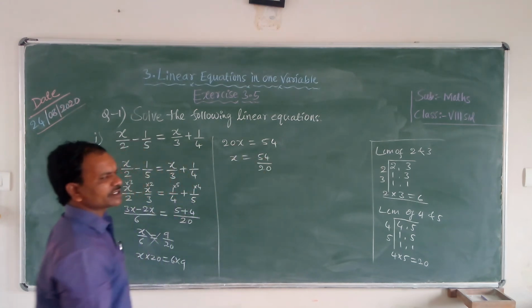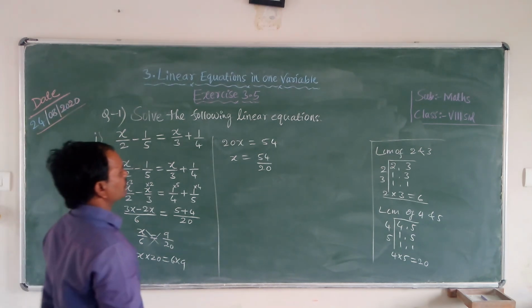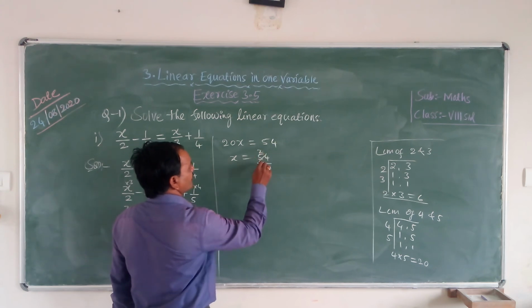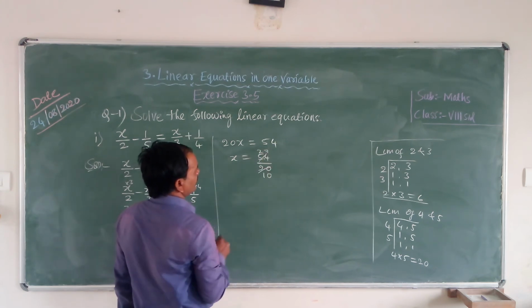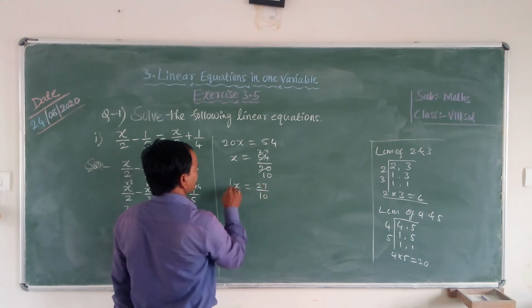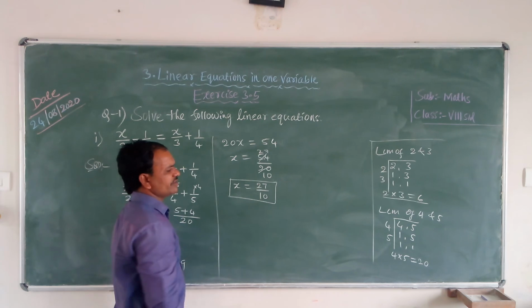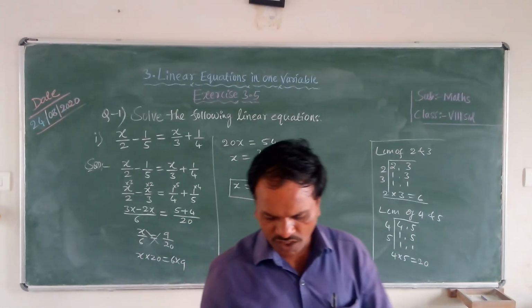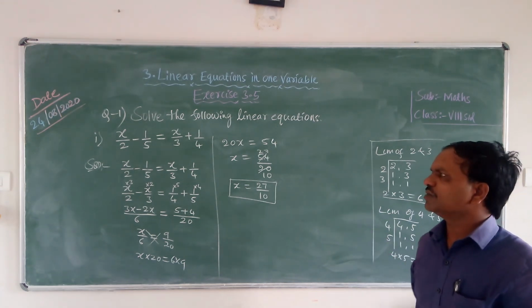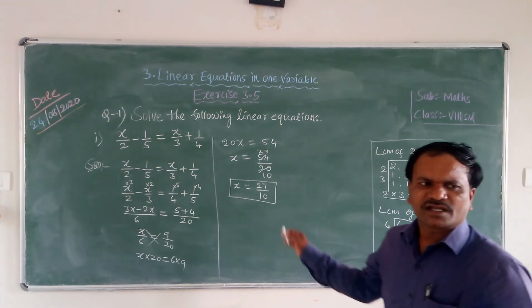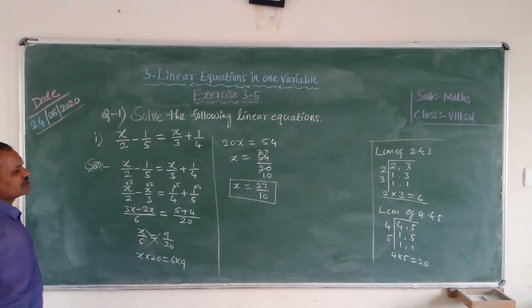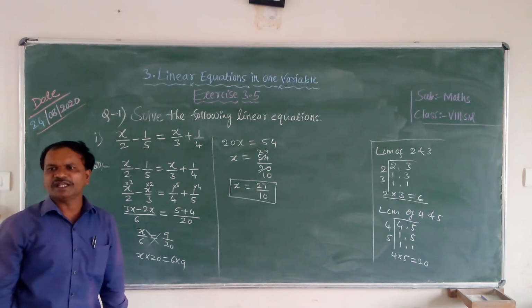Did you understand? So when rational numbers or fractions are given with variables on both sides, we have to do the linear equations like this.